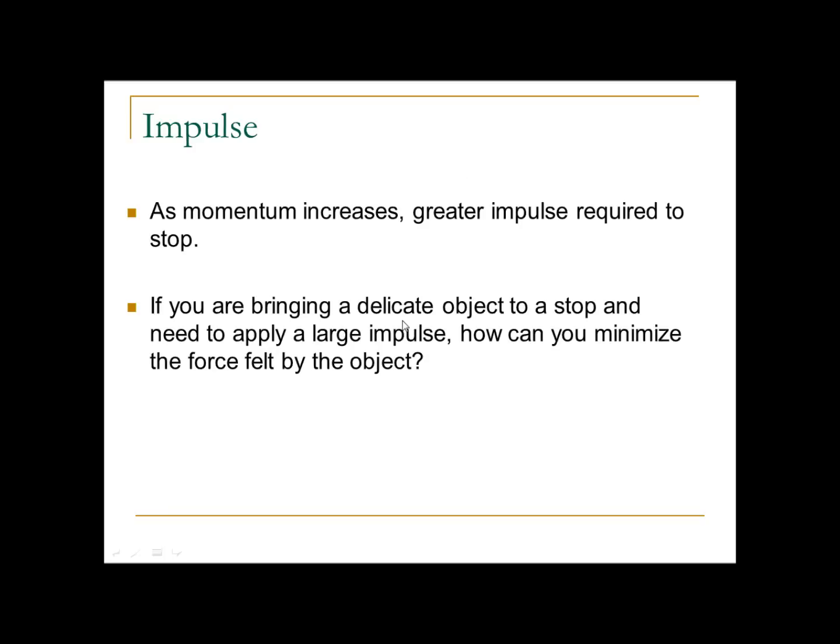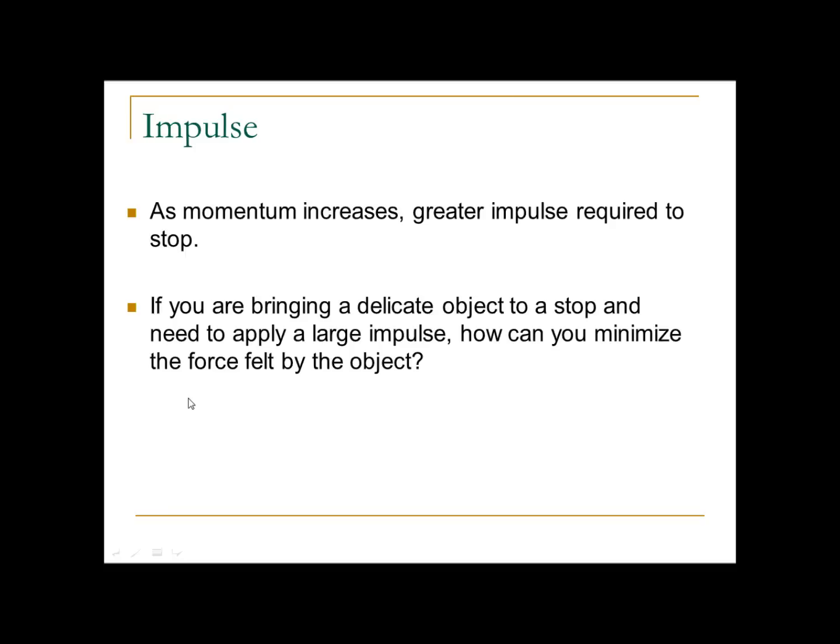If you are bringing a delicate object to a stop, so say your body in a car crash, you need to apply a large impulse. So you have an accident on the interstate. You're going 65 miles an hour and you hit a car, which means you go from 65 to 0. So a large impulse. How can you minimize the force felt by the object?